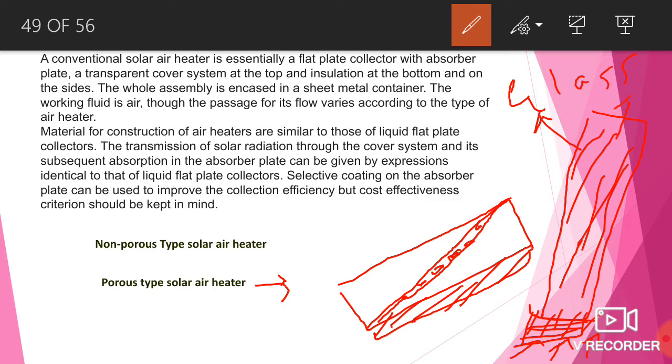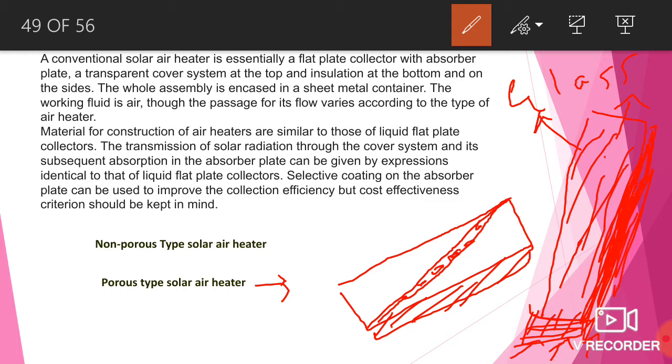So the air flows outside. This is again the insulation part. This part is the insulation, and this is the black surface. So this is the porous type solar air heater.